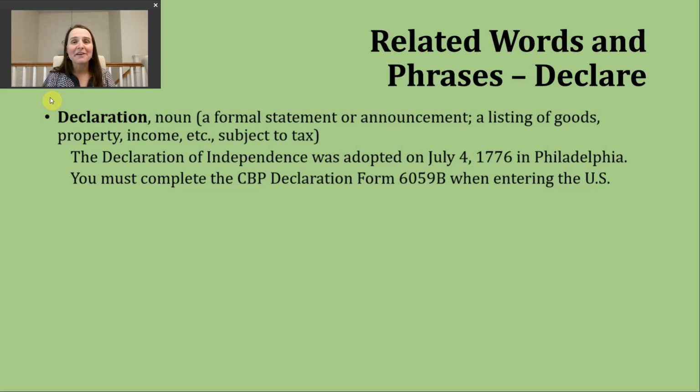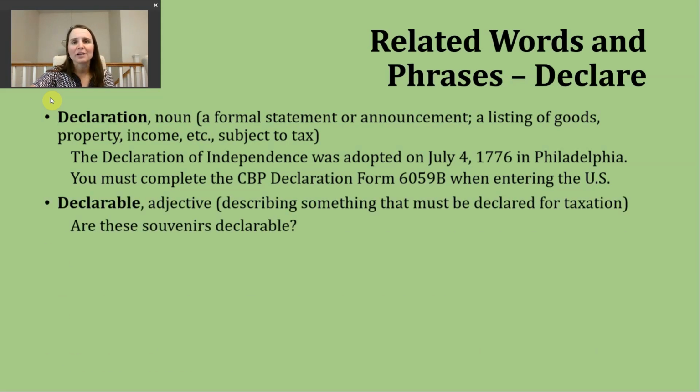An example of this might be, you must complete CBP Declaration Form 6059B when entering the U.S. So again, sounds very formal. You might see it on different things connected to your flight. People might suggest you need to complete certain paperwork before entering the country.